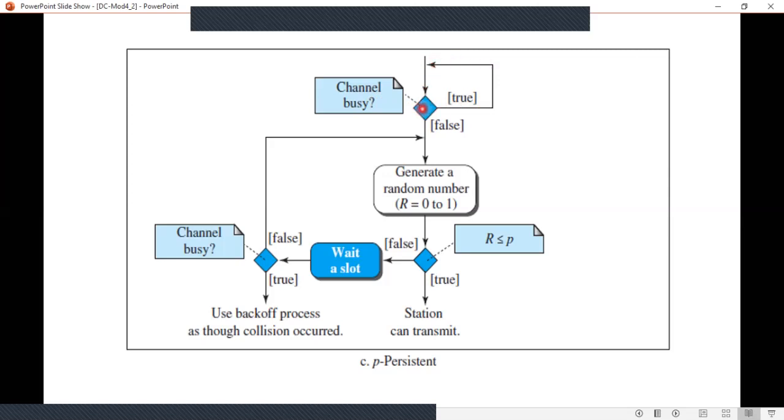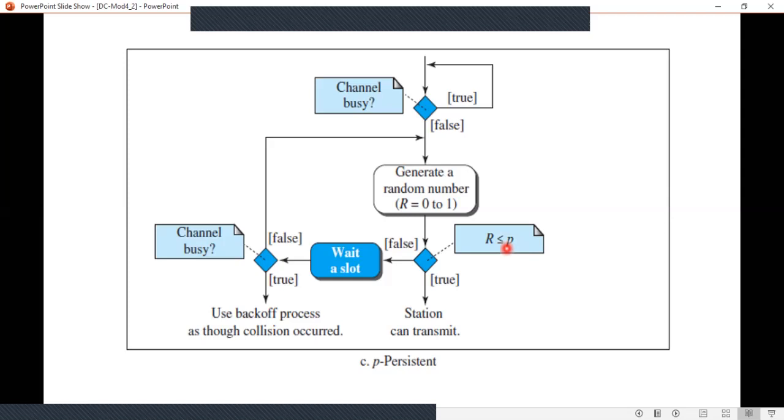Once the channel becomes idle, it will generate a random number r equal to 0 to 1. Once it generates a random number, it will check if the random number is less than or equal to the probability generated by the frame.